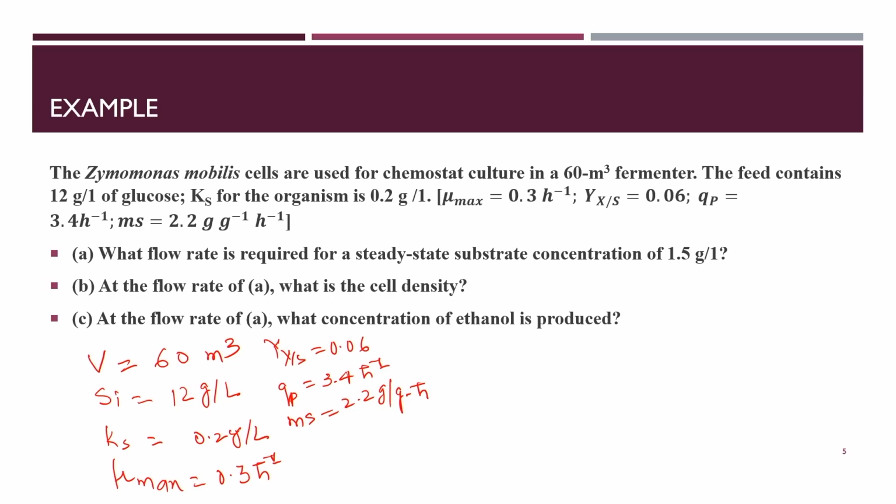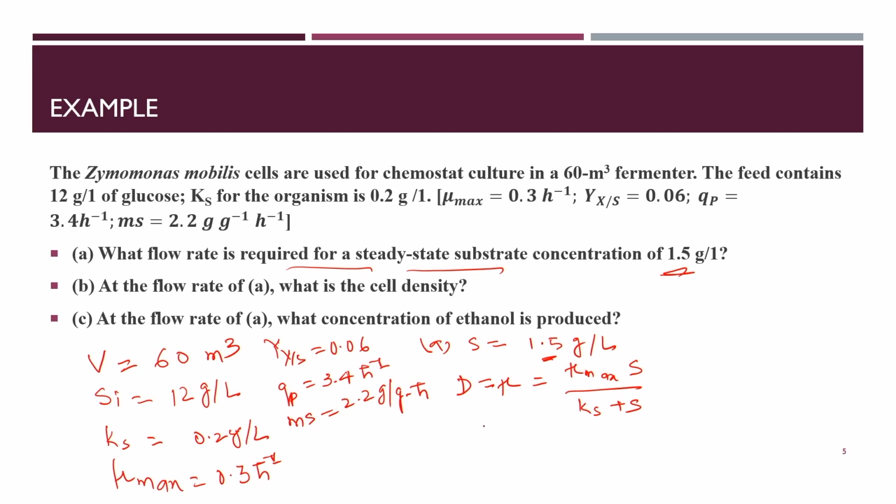Now, the first question is, what flow rate is required for a steady state substrate concentration of 1.5 gram per liter? For part A, S is given as 1.5 gram per liter. What you need to find here is D, where D equals mu equals mu max S upon Ks plus S. Here S will be 1.5 gram per liter.